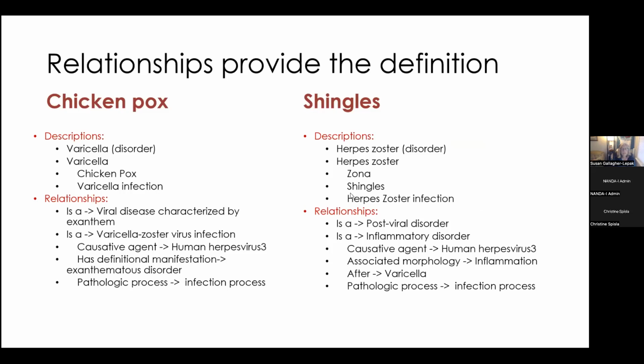But if you look at the defining relationships, and I'm not going to talk you through it, I'll let you read this yourself, these defining relationships help you differentiate between chickenpox and shingles and provide the definition to these terms.